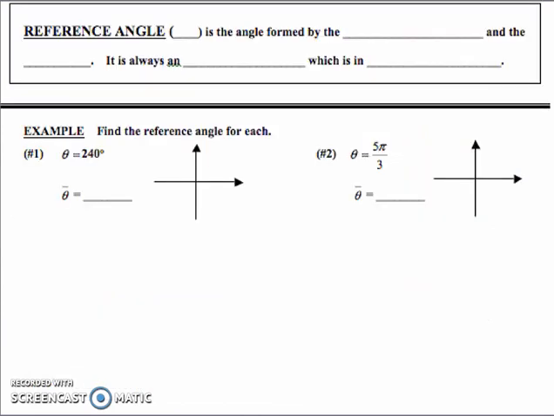Reference angle, and in this chapter, before, remember we called it t-bar, now we're going to call it theta bar, is the angle formed by the terminal side of theta and the x-axis. Same definition as before. It is always an acute angle, meaning less than 90 degrees, right?